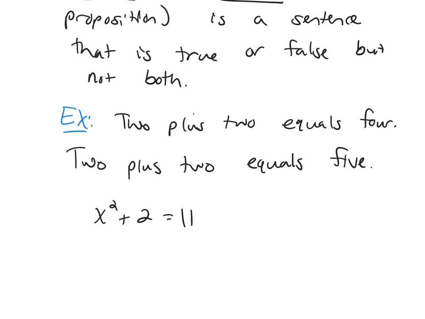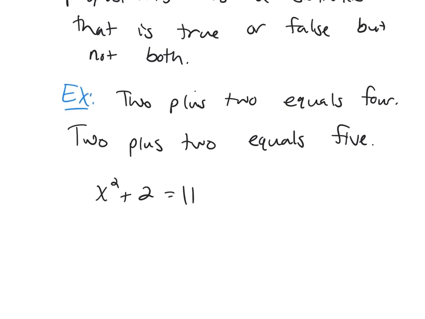It could be true and false. So this is not a statement. Similarly, x plus y is greater than 0. This is a sentence, but it's true for some values of x and y and false for others. So these last two are not statements.